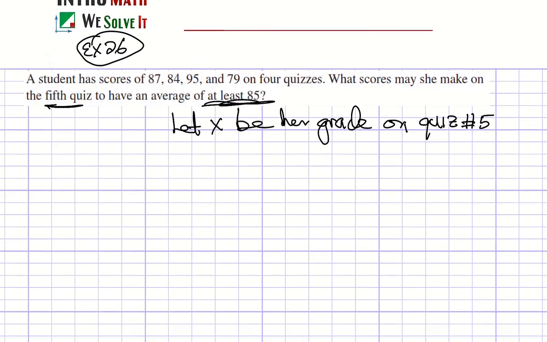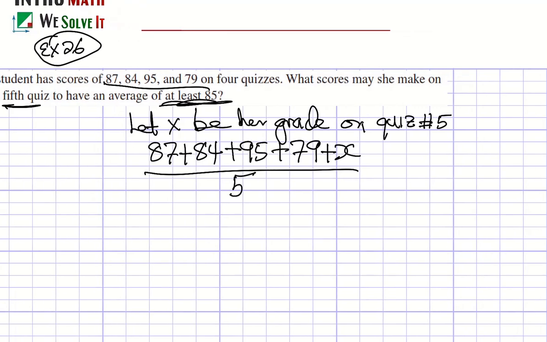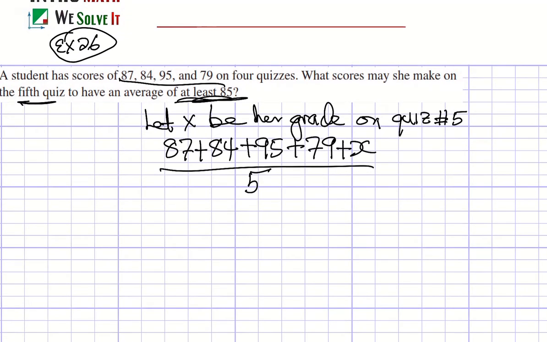And then from what is given, you say 87 plus 84 plus 95 plus 79, then plus x. That would be divided by 5, because when you average you have to divide by the number you added.